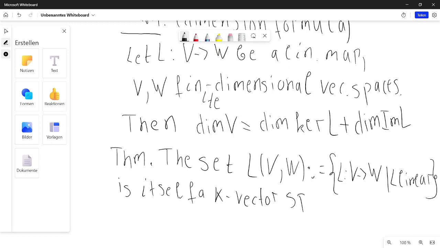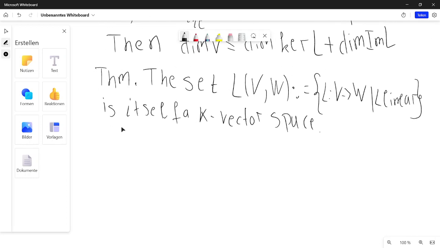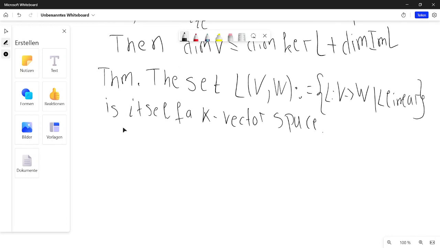So we take any k-vector space V, we take any k-vector space W, and then the set of linear maps between the spaces is itself a vector space. Well, let's prove it, but I won't do all stuff that you have to do. It's quite boring. You have to do it by yourself, but I'll do some things.